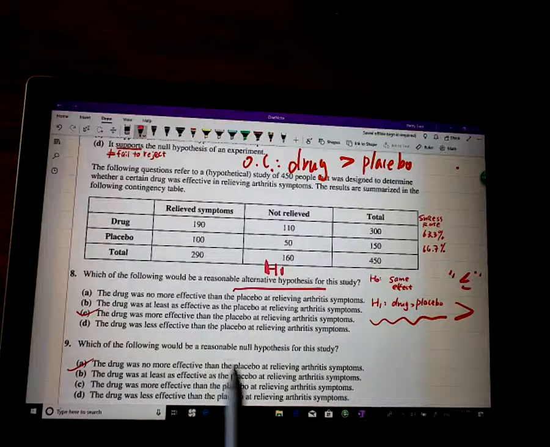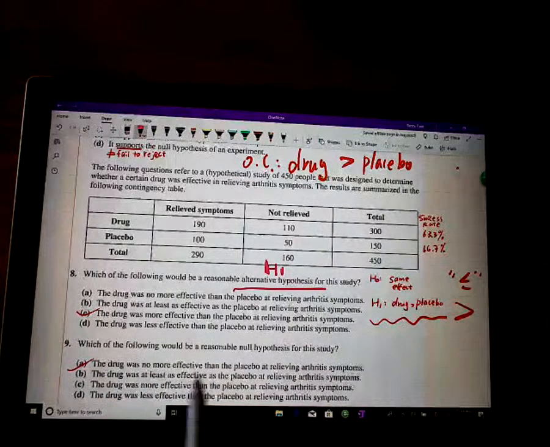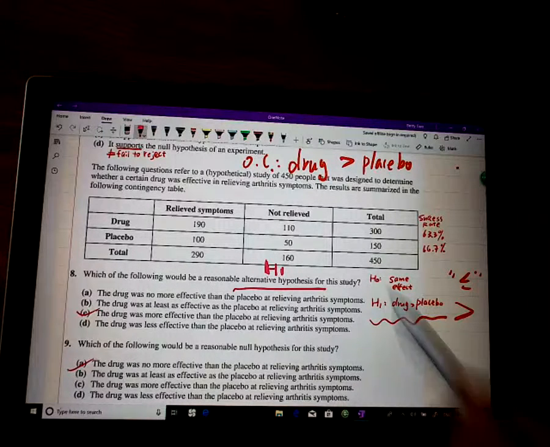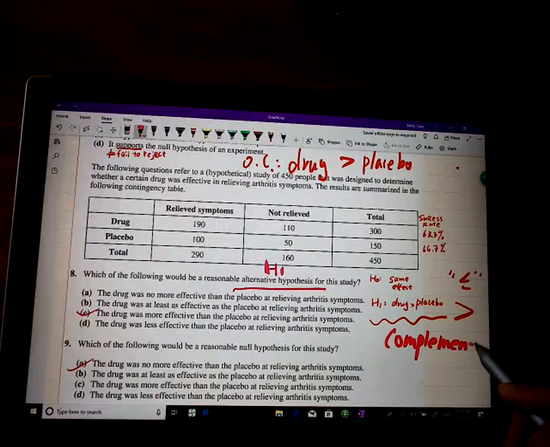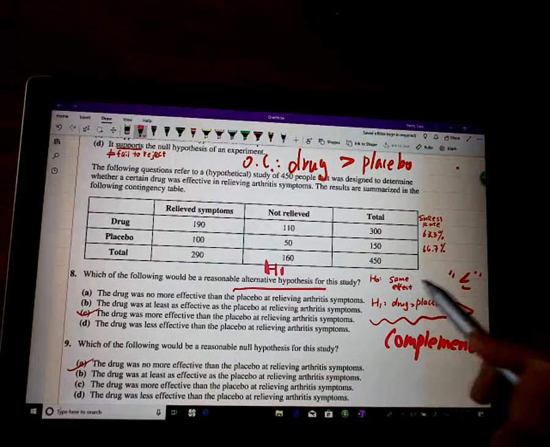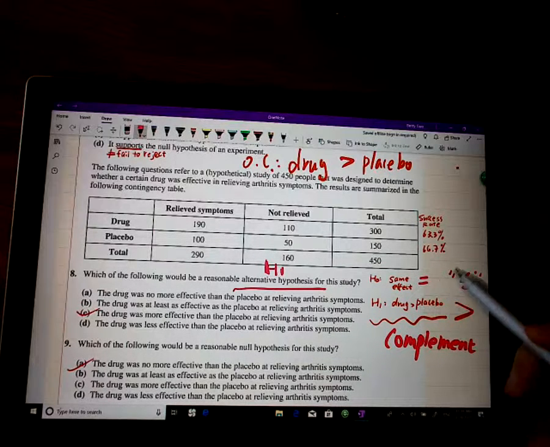9. Which of the following would be a reasonable null? The equal, right? The drug was no more effective than the placebo. Okay? Yeah, they are complements. I know I said it's going to be the same effect, right?